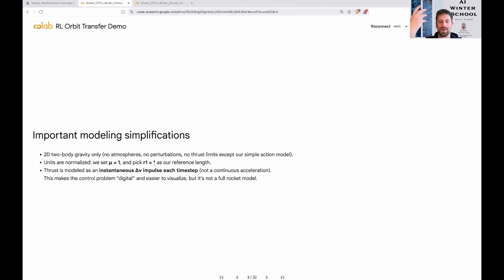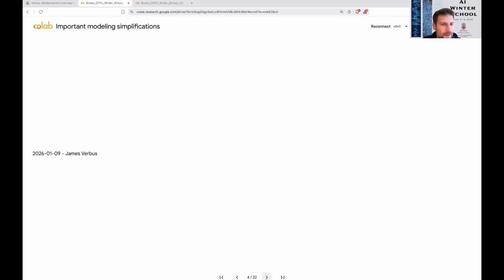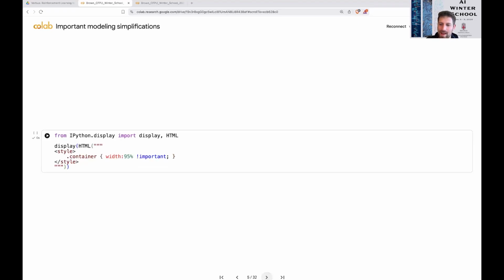In practice, we'd probably want to make a more general agent where you can learn many radii for the transfer. But this is a simple case here. And then we'll be able to show the delta V at each time step and do some visualization, which is fun. Okay, so the first cell is just a formatting thing.